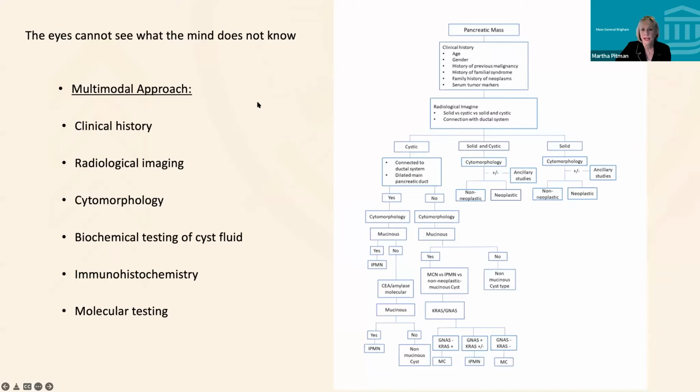And so if you don't understand what the lesions are in the pancreas, what their imaging characteristics are, the demographic information associated with some of the lesions, the cytomorphology and biochemical testing, molecular testing, all of these features, if you understand the lesions and what these characteristics are, then we can apply them in a very algorithmic method to come up with a pretty reasonable diagnosis at the end. But it does take looking at all the puzzle pieces together to come up with a really good diagnosis.